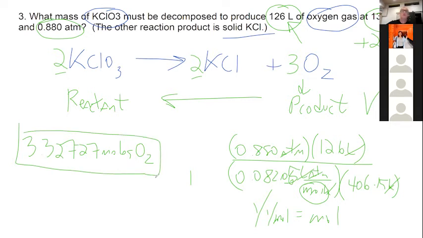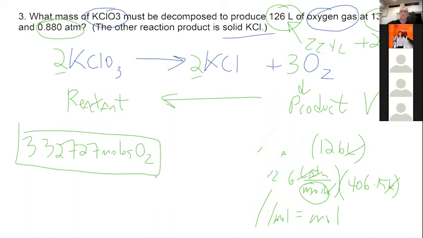And remember, you could always check, take 126 and divide that by 22.4 liters. Because we have a really high temperature, it's going to be off, but we're sort of in the right ballpark. So that's moles of O2. So how do we go from that to get us grams of potassium chlorate?